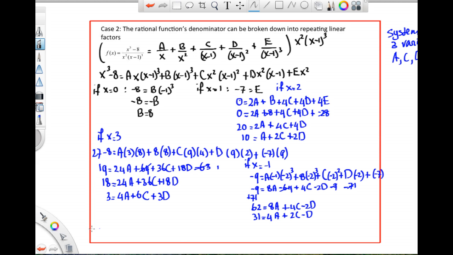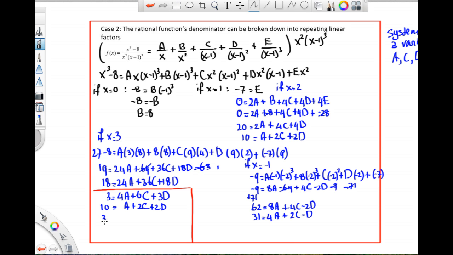So here's the system that you now need to solve. We'll start with this one. 3 is equal to 4a plus 6c plus 3d. And then I need 10 is equal to a plus 2c plus 2d.